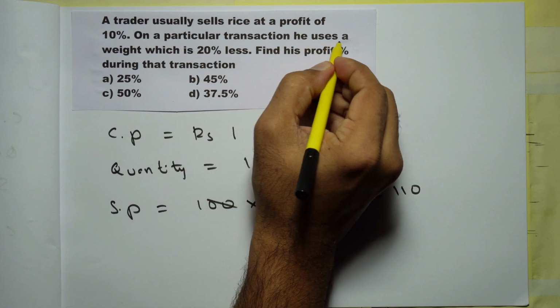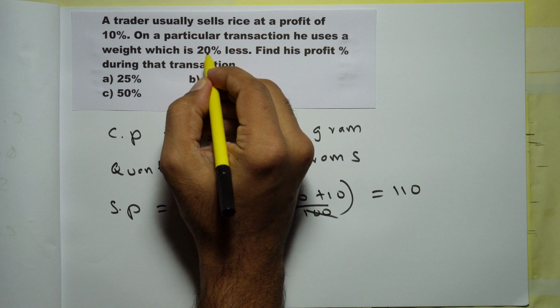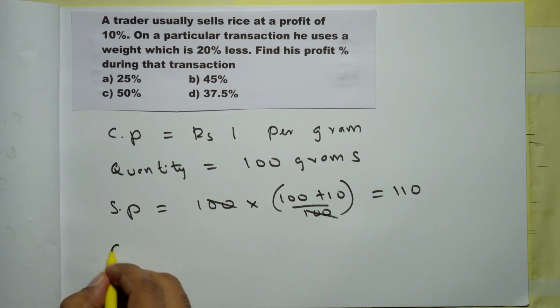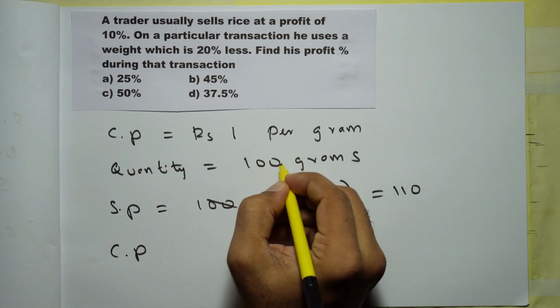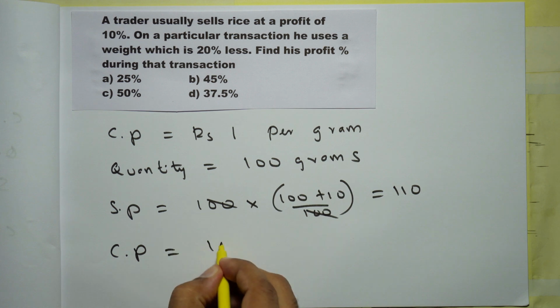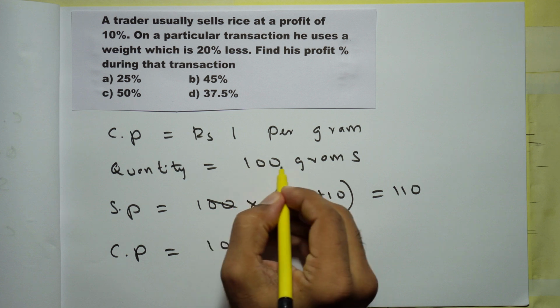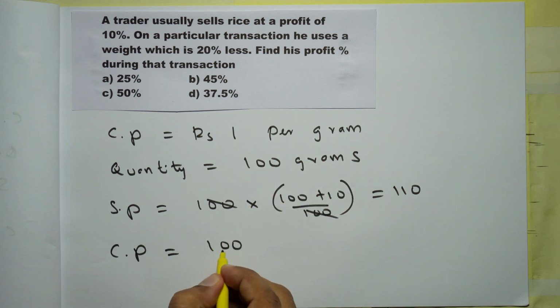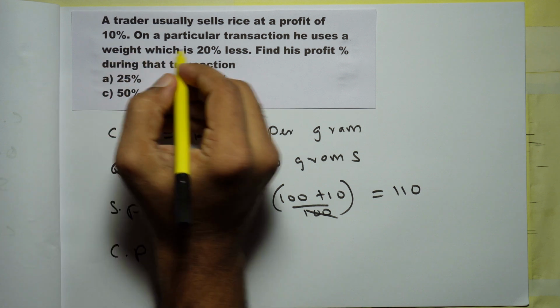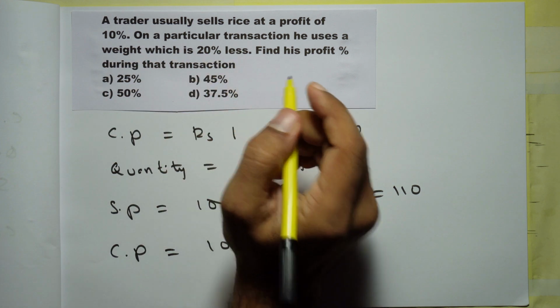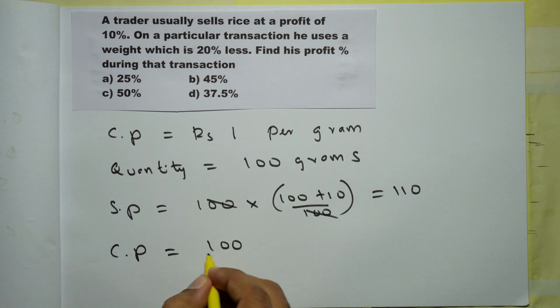On a particular transaction, he uses a weight which is 20% less. So we will find his cost price. If he is selling 100 grams, his cost price will be rupees 100, that is 1 rupee per gram for 100 grams. But in this transaction, he uses a weight which is 20% less. So he does not have to give 100 grams.